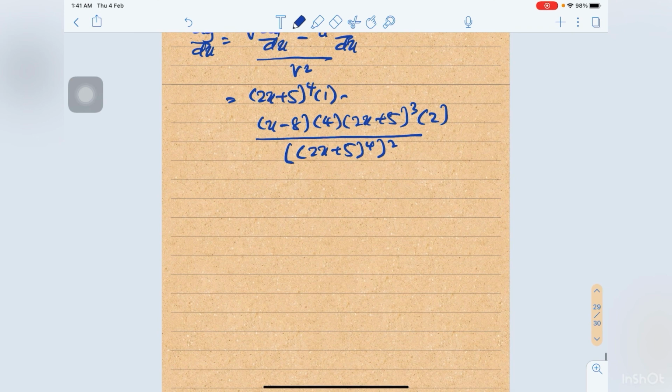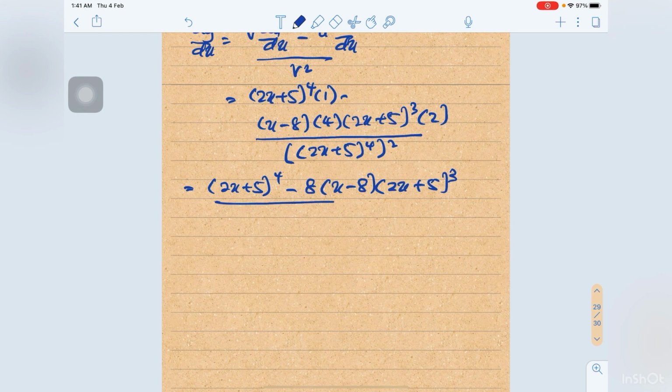So we simplify. We have here (2x plus 5) to the power of 4 minus 8(x minus 8)(2x plus 5) cubed, over (2x plus 5) to the power of 8.